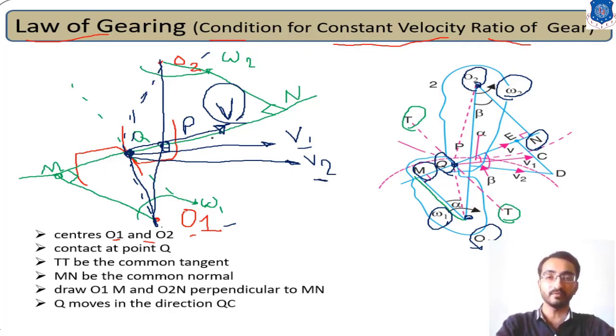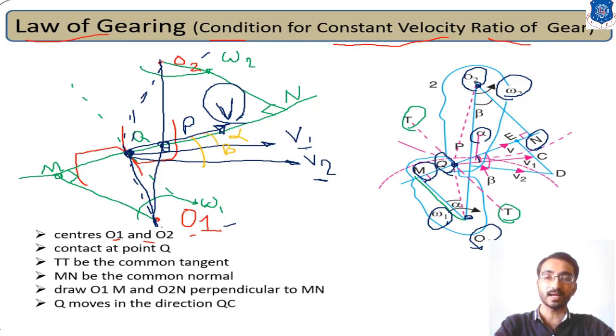Okay, so over here we have to identify the component of V1 with respect to V. Let's consider the angle between V1 and V to be alpha, while V2 and V make an angle beta.